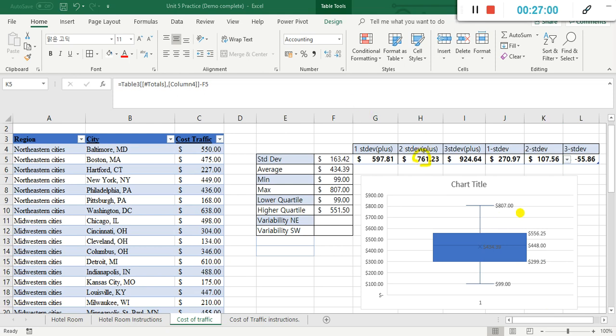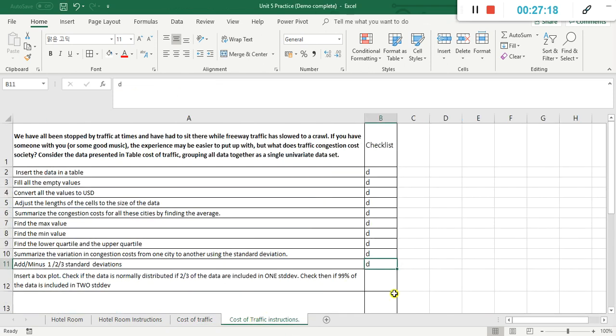Yeah, actually everything is below that on the positive side, and on the negative side we have two standard deviations, 107. So actually, yeah, also okay, very good. So we can see that the data is mostly within range. There are just these cases of 807 and 99 that somehow are not there. Okay, so it's done.